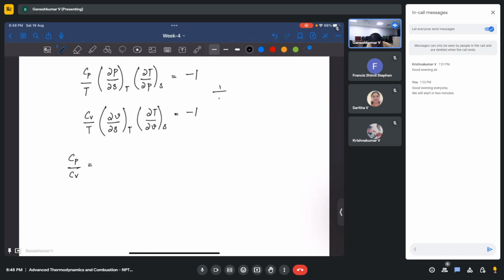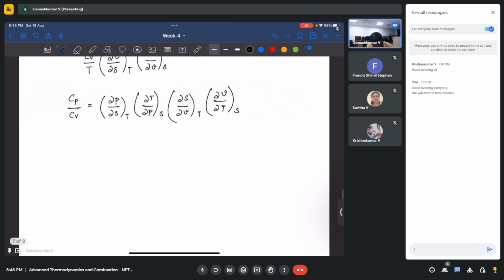So Cp by Cv, you can write ∂P/∂S at constant T and ∂T/∂P at constant S, and you can put it in multiplication with ∂S/∂V at constant T and ∂V/∂T at constant S. Then if you take temperature constant and entropy constant, ∂P/∂V at constant temperature you will get.